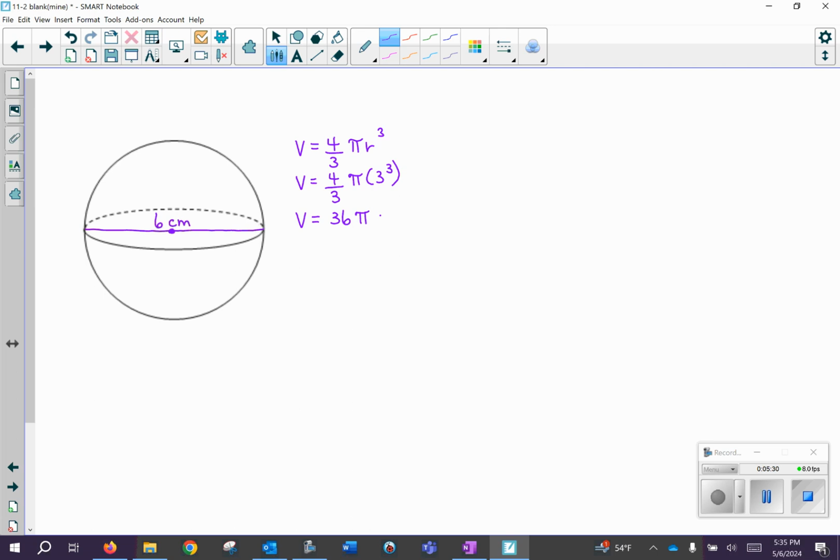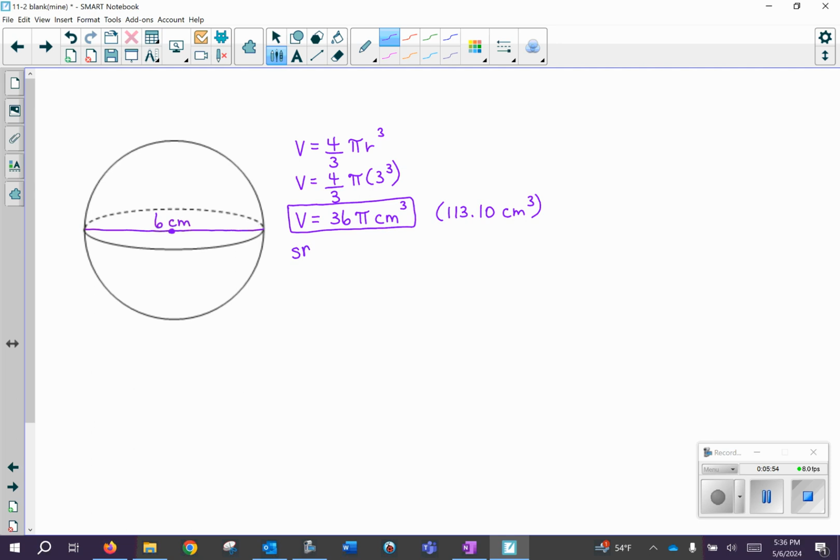So 36 pi centimeters cubed. That's your answer in terms of pi. 36 times pi will give you 113. Watch your rounding. If we're going to the nearest hundredth, means you got to go to 2 places after this. You would have 0.10 centimeters cubed.